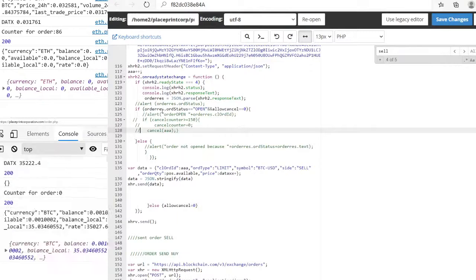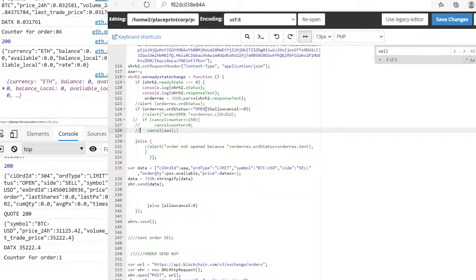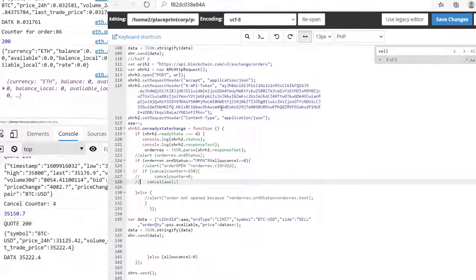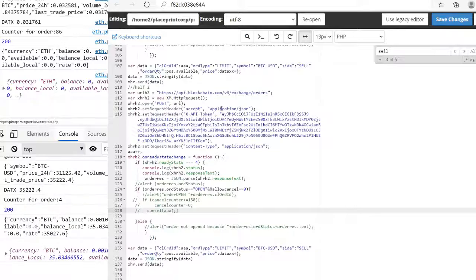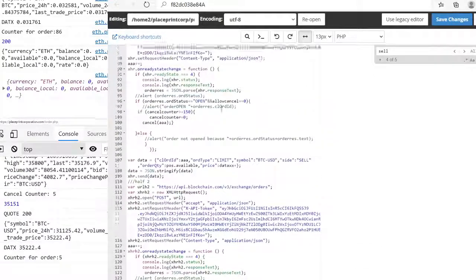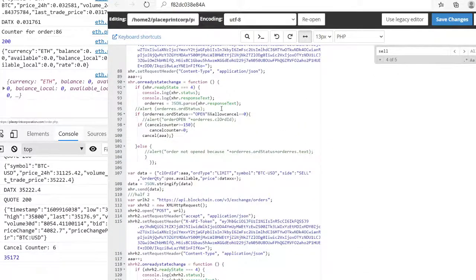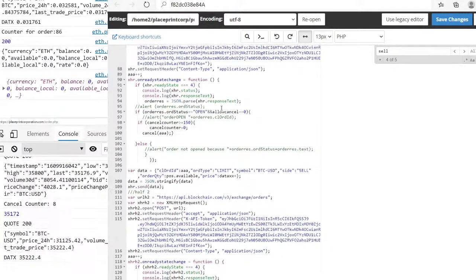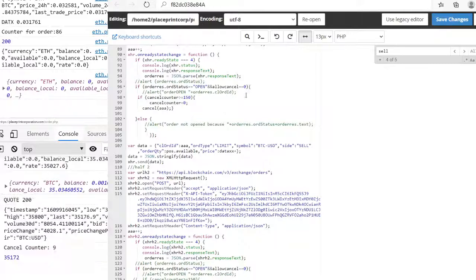Now this just says if order status open and allow cancel equals 0. Okay, so that is that. And was that up here as well? Order status open and allow cancel equals 0. Okay, that's just for that stuff.